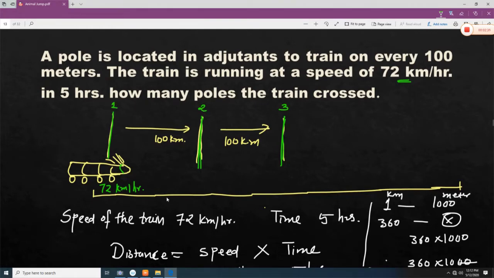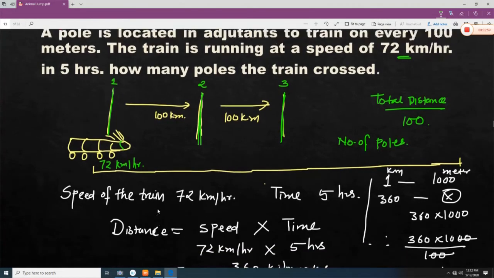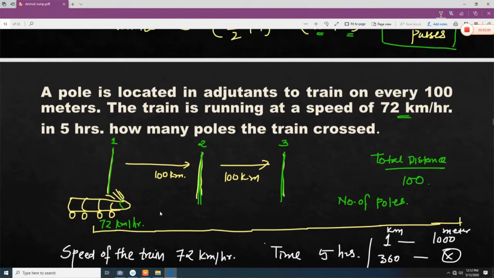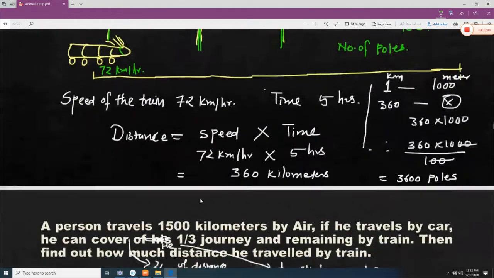So what we need to do is find the distance covered by the train, and you will get the total distance. Once we get the total distance, we have to divide it by 100. It means we are going to find the number of poles. So the train is running for 5 hours at 72 kilometers per hour.